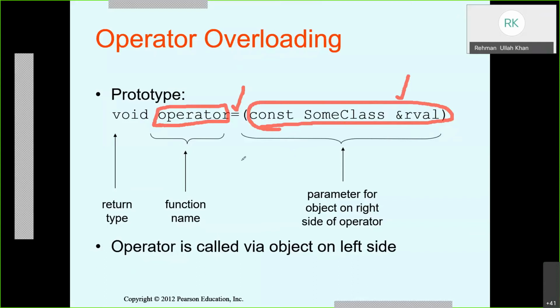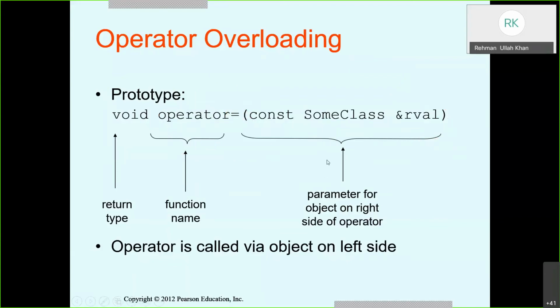So to overload an operator, we will define a member function, or a friend function is also possible, which we will study later. We define a member function inside the class, use the operator function, and redefine the operator that we want to overload. This will be the syntax, how to define the function.